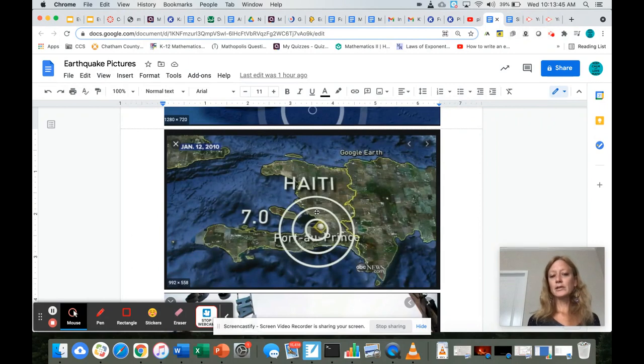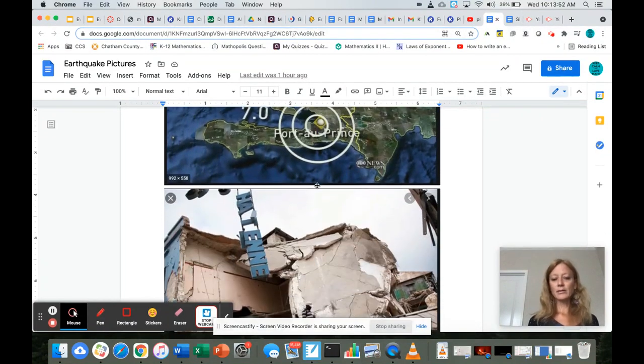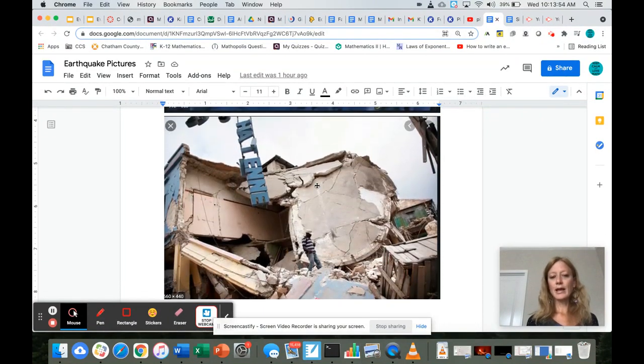And a lot of you are also noticing ocean hitting land. That has a lot to do with it too. And this is my final picture of devastation in Haiti. And hopefully you are observing that it's not just the continental crust or the oceanic crust that gets broken with a fault line.